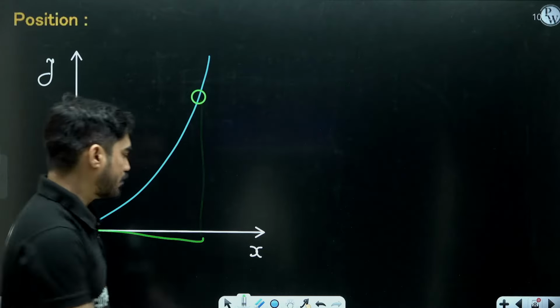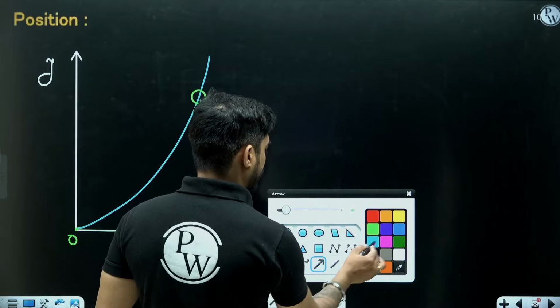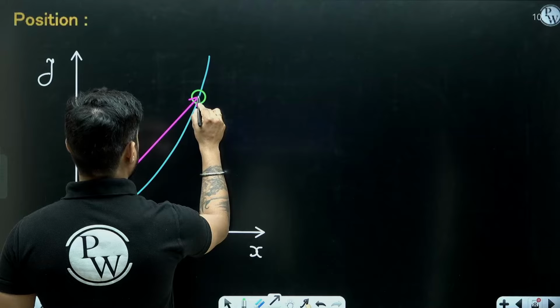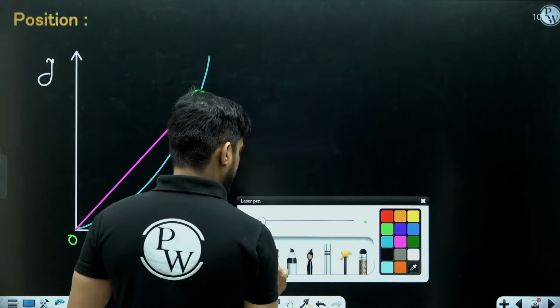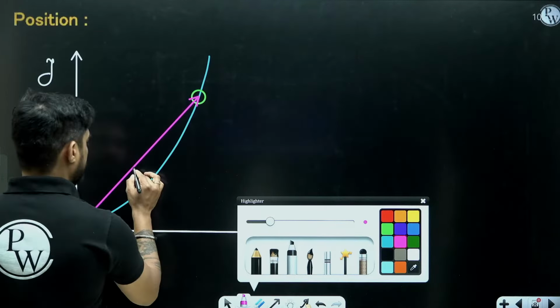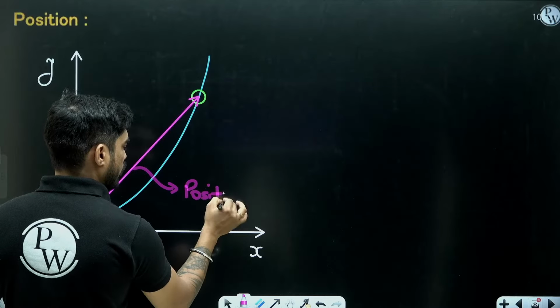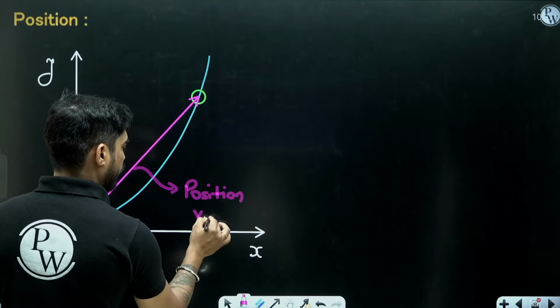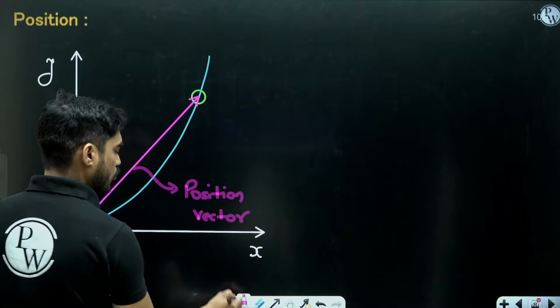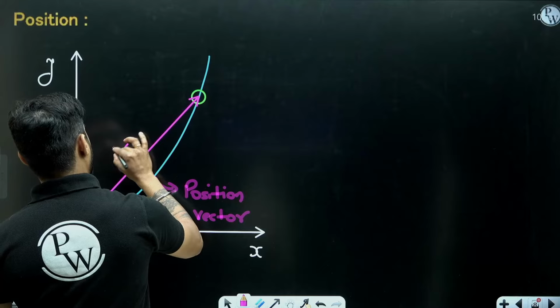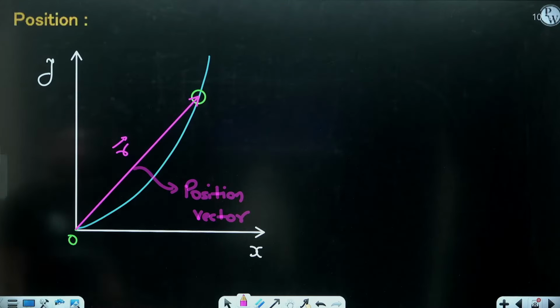In other language, we need a vector, right? We need this vector. What is this vector? This vector is known as the position vector. It is denoted by r.